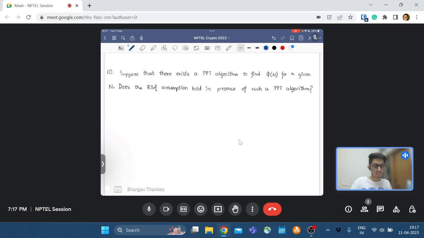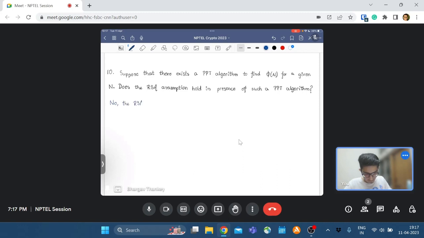It says that if a PPT adversary is given n, e, and x to the e mod n for a random x, then it cannot find x, or rather the eth root of x to the e mod n, with probability more than negligible, right?